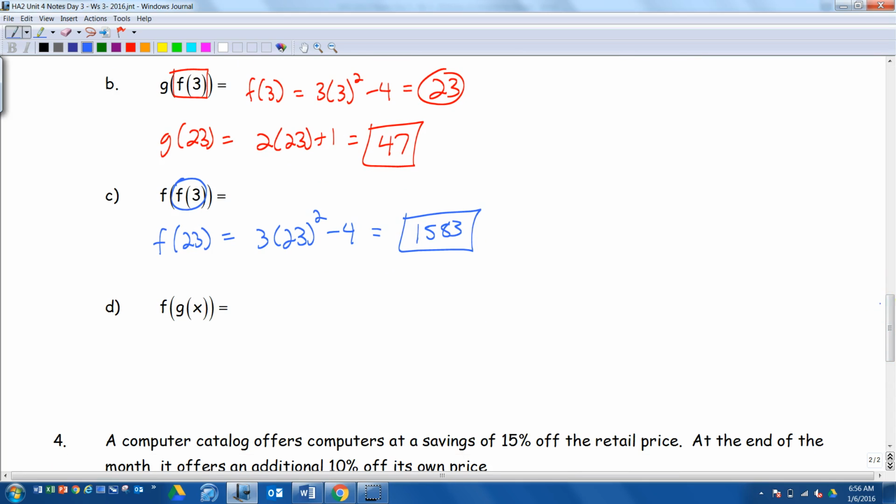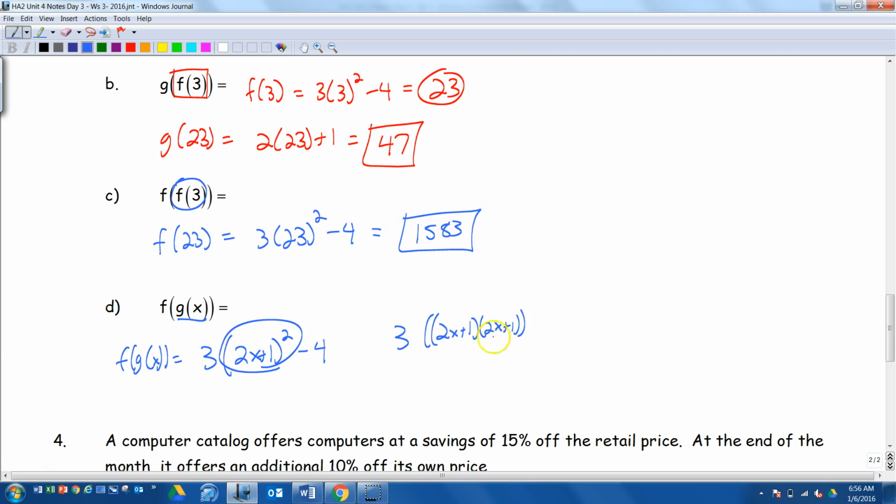f of g of x. That means I'm sticking g of x into f of x. So I get 3 parentheses, g of x is 2x plus 1 squared minus 4. Okay? Now if I ask you to simplify this, I would have you then FOIL this piece, right? You get 2x plus 1 times 2x plus 1.